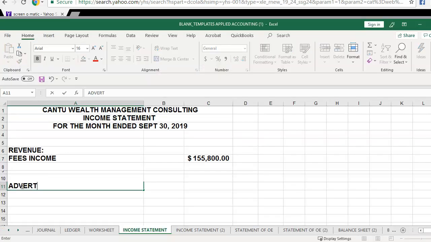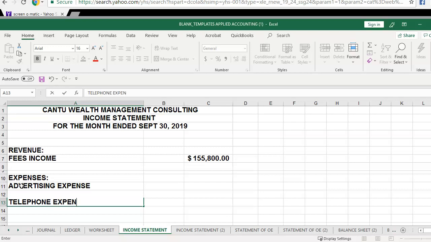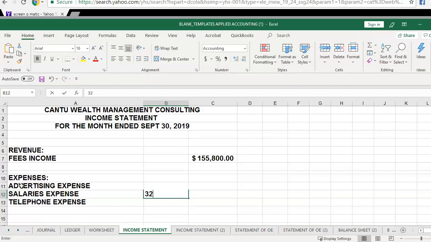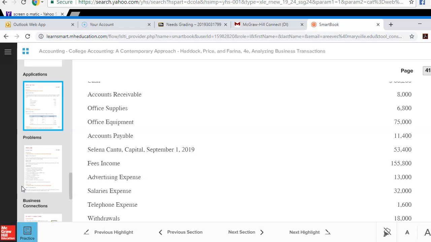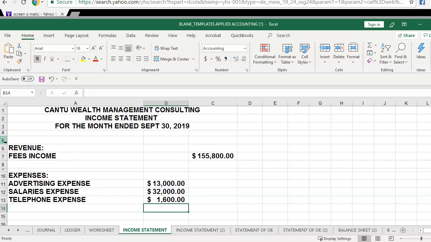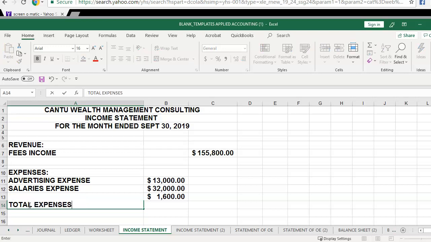We have advertising expense, salaries expense, and telephone expense. So you must itemize each expense account title and the amount of all of those expenses, $13,000, $32,000, and $1,600. So once you've itemized all of your expense accounts, then get a total for all of your expenses.